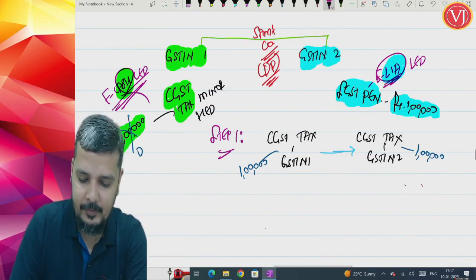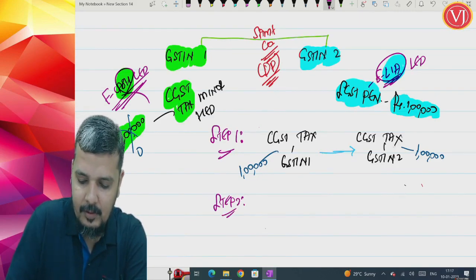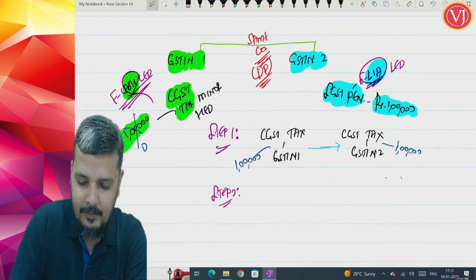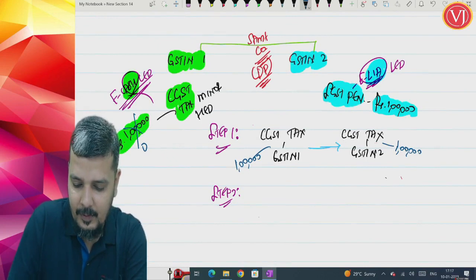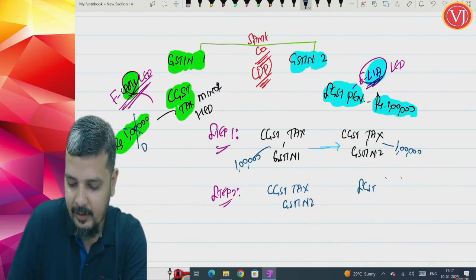Step number 2. Transfer from CGST tax GST number 2 to SGST penalty GST number 2.